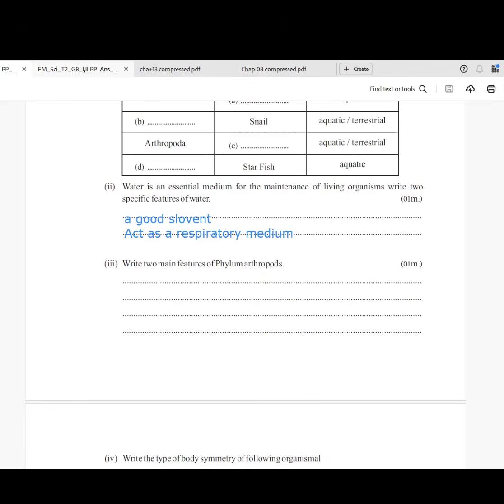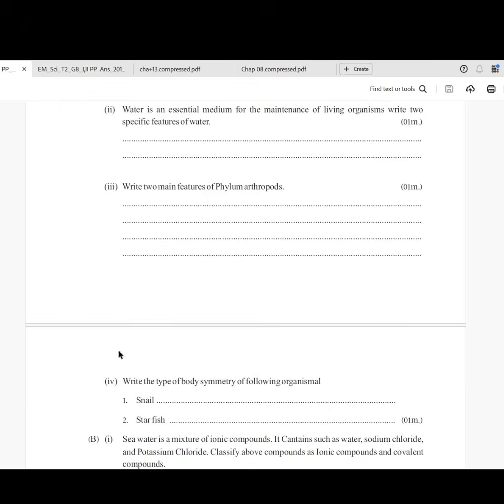Write 2 main features of phylum Arthropoda. You can write bilateral symmetry, triploblastic.